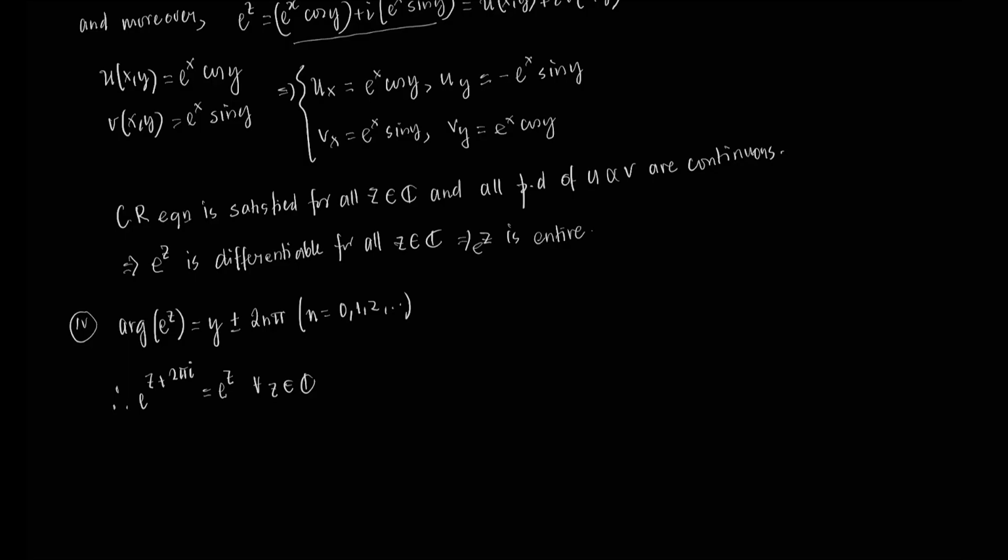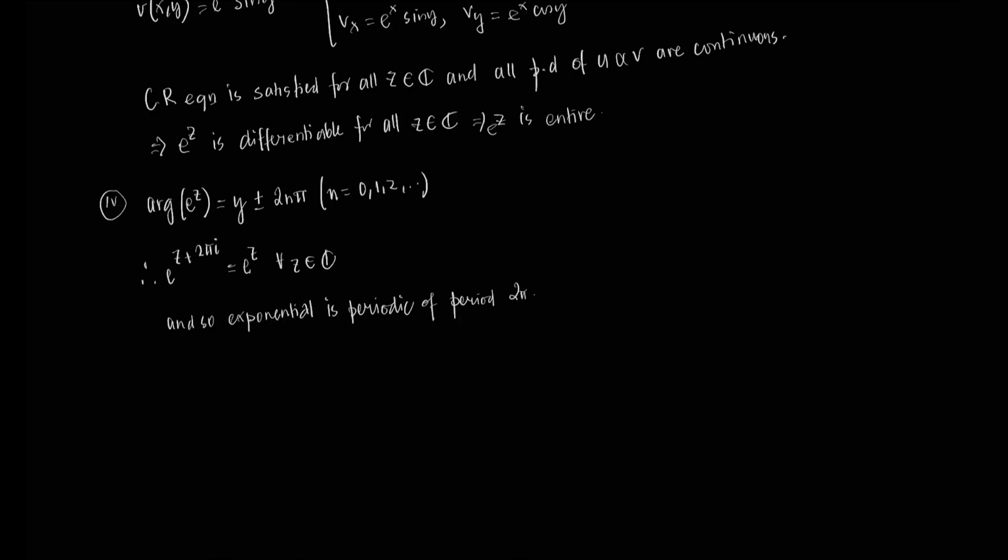It says that the function has a periodicity of 2 pi i. So the exponential is periodic of period 2 pi i. I hope this is clear.